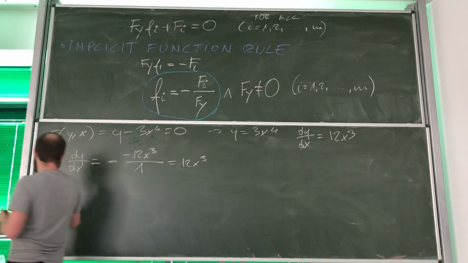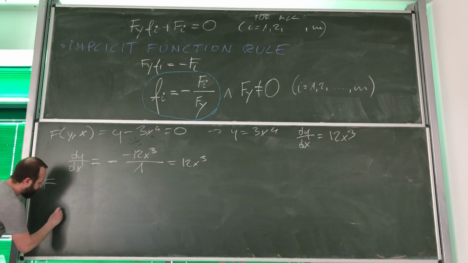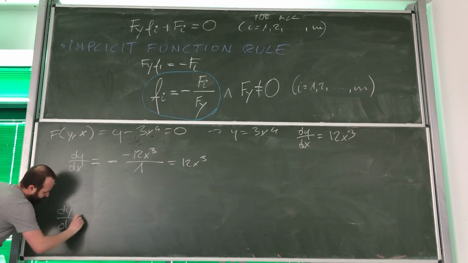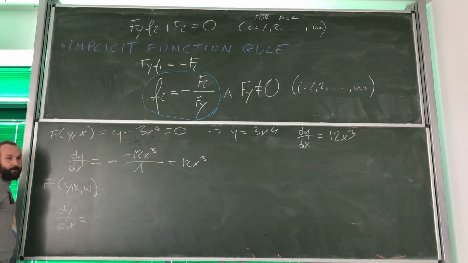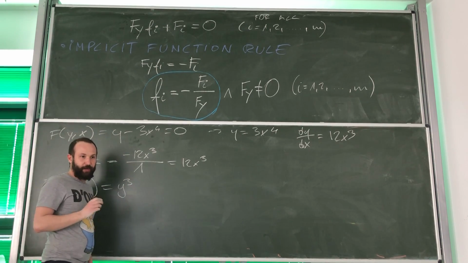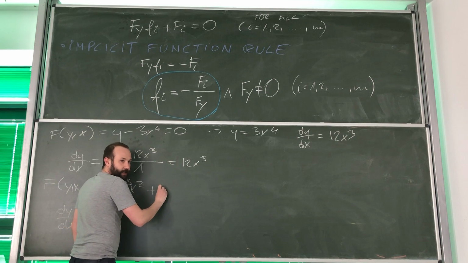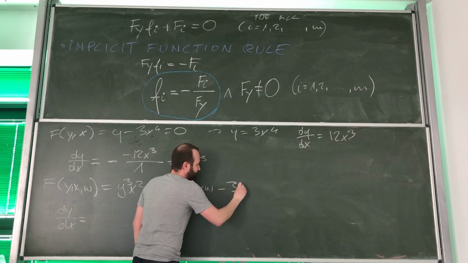However, what if we want to know what is the derivative dy/dx if F(y,x,w) is equal to y to the power of 3 x squared plus w to the power of 3 plus y x w minus 3 equals 0.